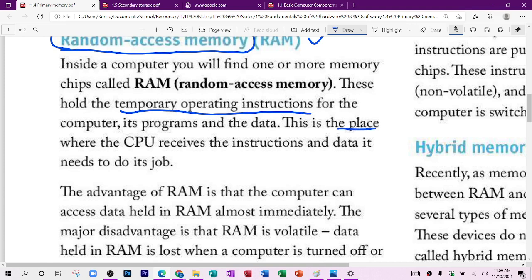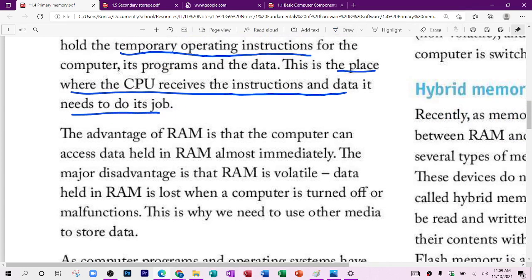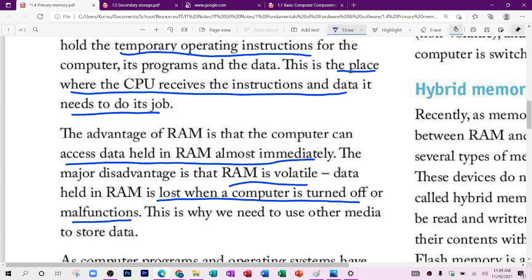The advantage of RAM is that the computer can access data held in RAM almost immediately. The major disadvantage is that RAM is volatile. Data held in RAM is lost when a computer is turned off or malfunctions. This is why we need to use other media to store data.